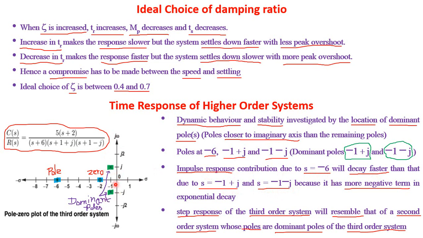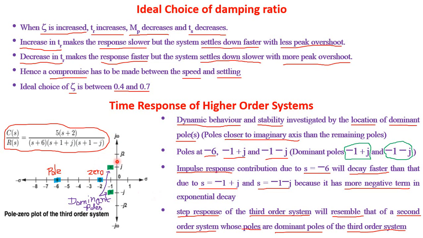That means they prevent the response from settling down to the final value. Not preventing completely, but not allowing the response to settle down faster. So that is why they are called dominant modes. They are dominating the system response. So the response of the third order system resembles that of a second order system, because the poles are only the dominant poles.